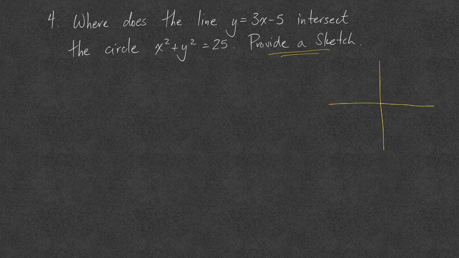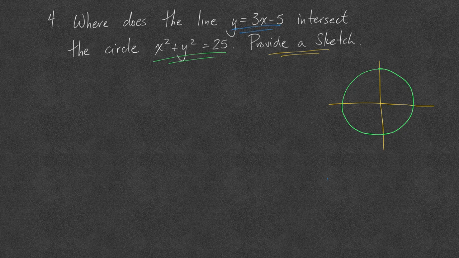If I take a look at my circle, x squared plus y squared equals 25, I should be good that the circle has a center of 0, 0 and a radius of 5, because I see that 25 on the end, and I know that that's r squared, the radius squared. And then up here, I've got this line.